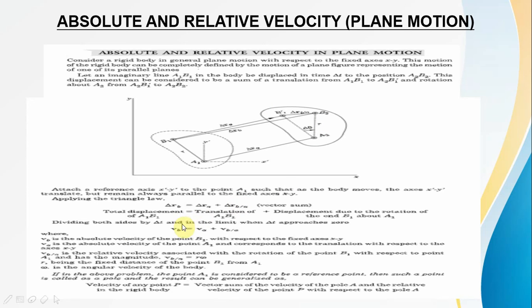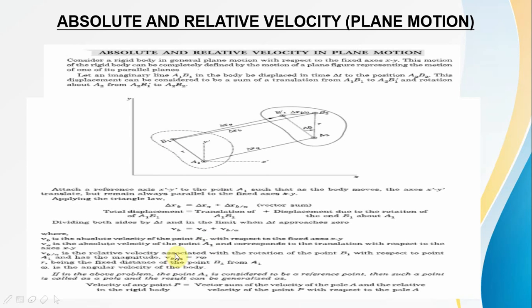Now if we differentiate it, we get VB equal to VA plus VB upon A, where VB is the absolute velocity of the point B1, right? VA is the absolute velocity of the point A1, right?